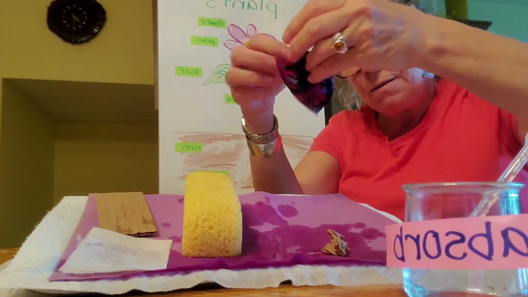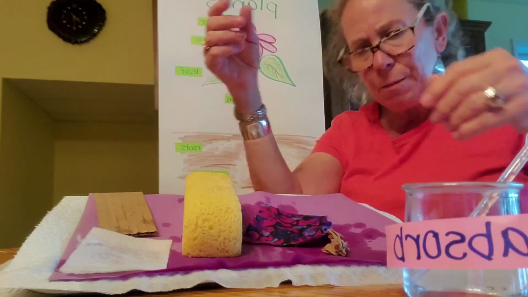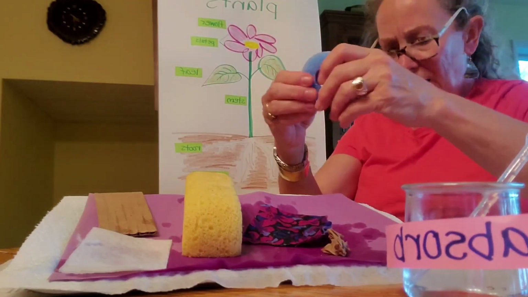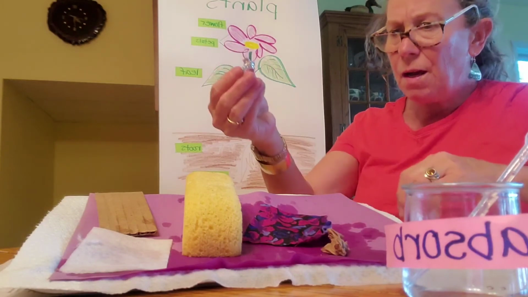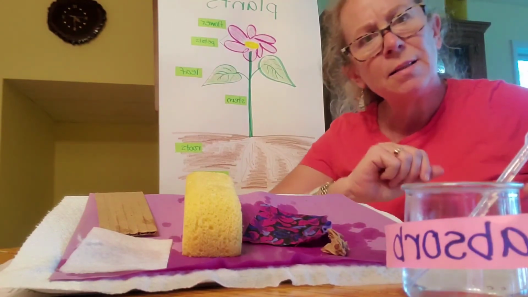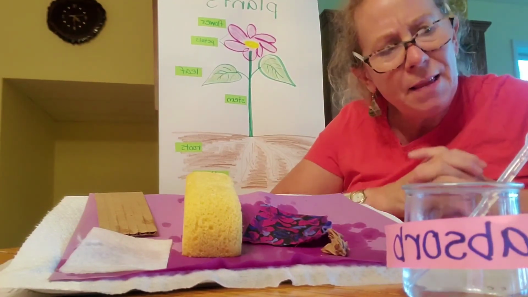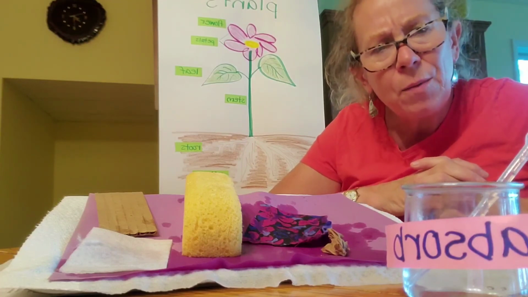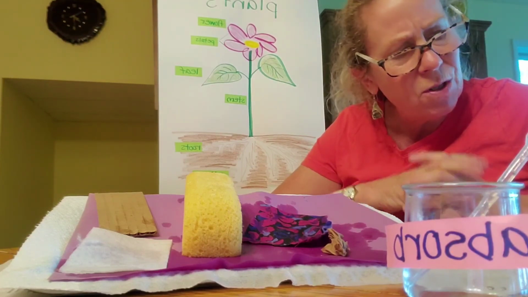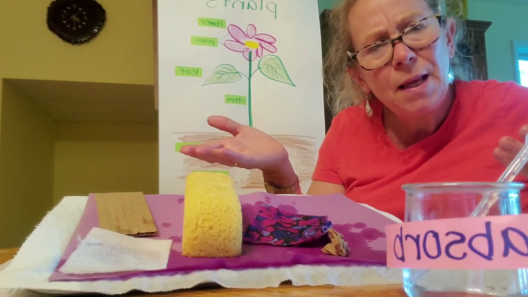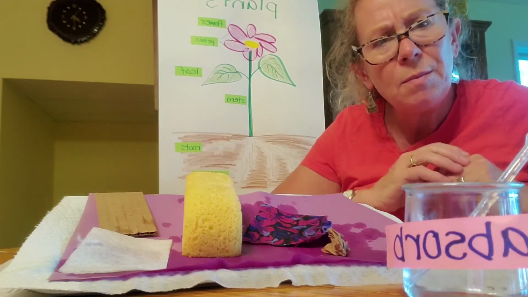Water fell out of the fabric, but it didn't squeeze out of the not absorbent things. We will have to think about that. Talk about that with your family members. What do you think makes something absorbent or not absorbent?